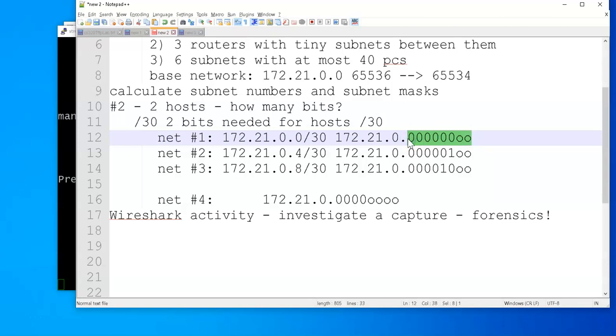This is my first /28 network. Yes, because the /28 network has been subnetted already. I can't use anything that would overlap with this guy. So I have to use not the first /28, I have to use the second possible /28. And since I specified, let's go up to the very next one.